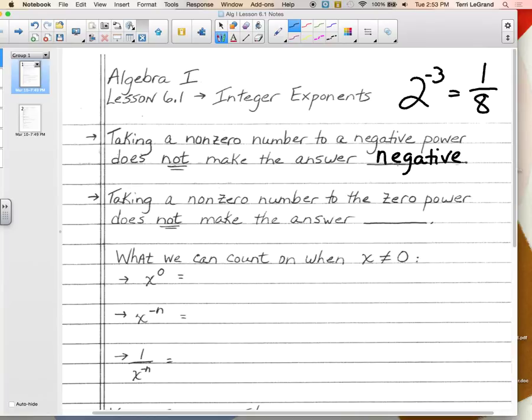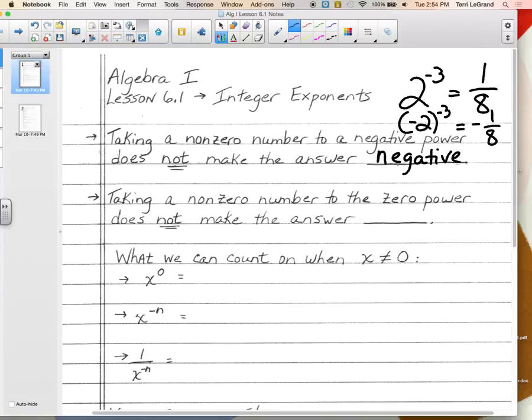Well then, what would happen if this was a -2 to the -3 power? -2 times -2 is positive 4, and then that times a negative would be a -8, so it'd be -1/8. In fact, if you did it on your calculators, your calculator would say -0.125, most likely, which is -1/8. Now it became negative.